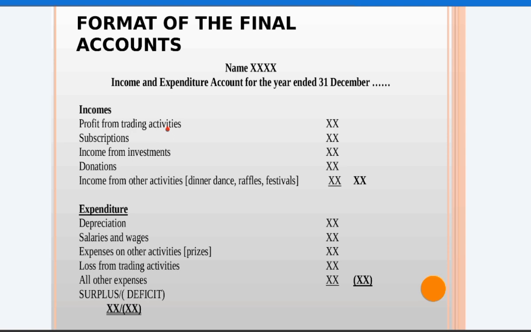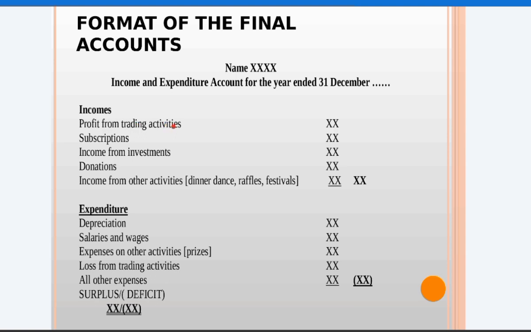For instance, you may find that a non-profit organization may establish a business so that they use that business to generate some income. So if a non-profit making organization has opened a business entity, then any income from the business entity will form part of the incomes of that organization. So in the income and expenditure account, we will have any profit that is generated from an income generating activity.